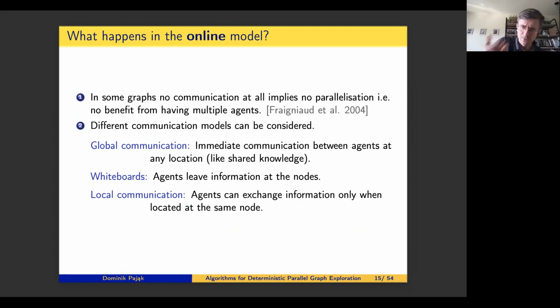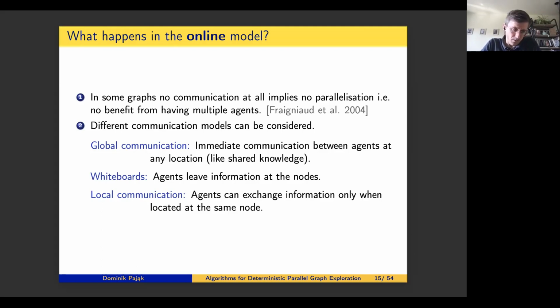So if you have completely no communication, there is no way to interact with anything, then there is basically nothing you can do. In some graphs, you cannot have any parallelization. So there is no benefit from having multiple agents.